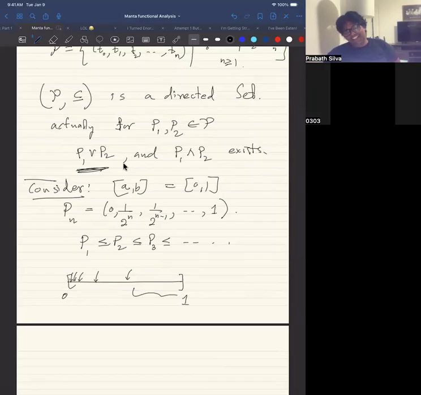And the scary thing is you can use sequences, but you'll never get to infinity. You'll never get to the top of your directed set.